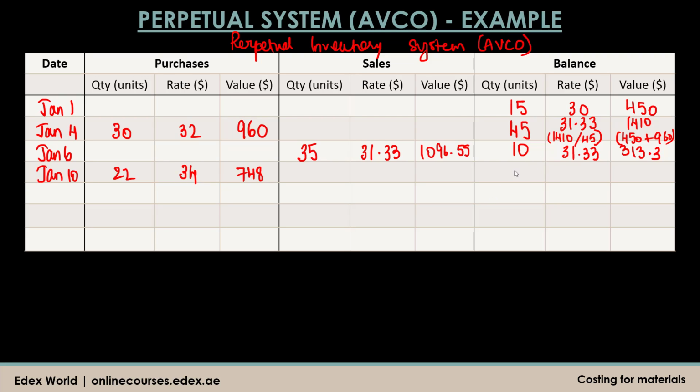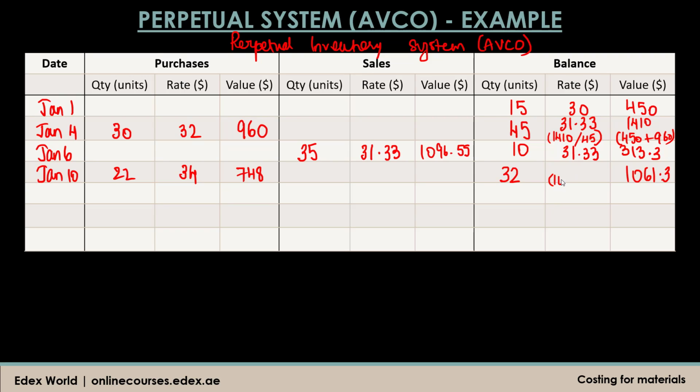So first let's see the quantity column. 10 plus 22, total quantity available is 32 units, and in terms of value 313.3 plus 748, that's the opening value plus the value of new purchases. If we sum it up, we will get 1061.3.